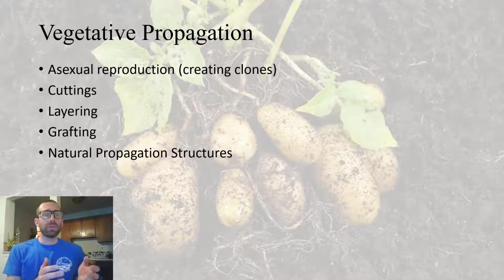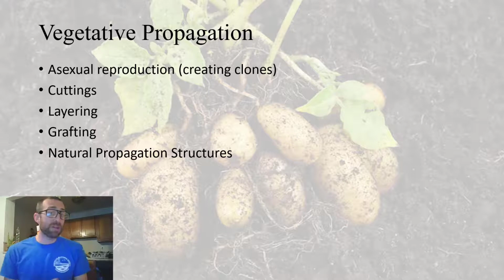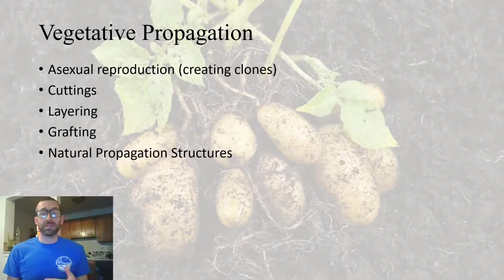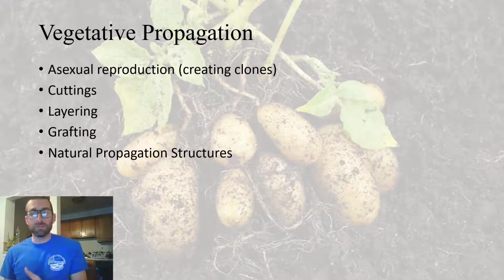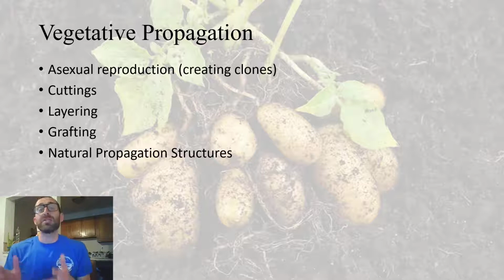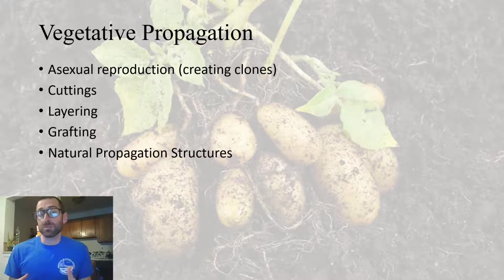So, some of our plants have natural propagation structures, which we're going to be looking at today. These are structures that allow them to create daughter plants, so copies of themselves. But in vegetative propagation, we also take advantage of the ability of many of our plants to regrow lost tissues, right?